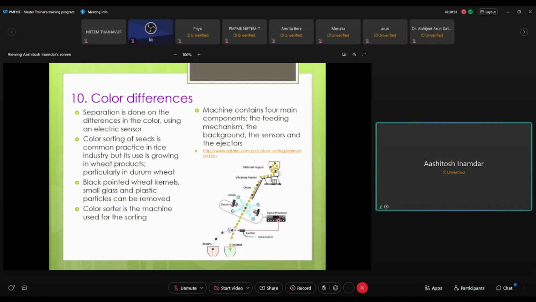You have to select the particular size of the sieve to separate, based upon the friction we need for the removal of the outer layer of the grain, the bran. You have to select the machineries based upon the grain processing mills you are working on. So this is all about cleaning.